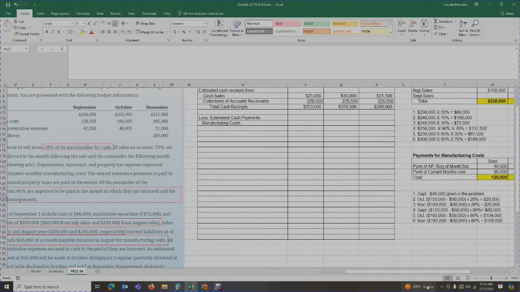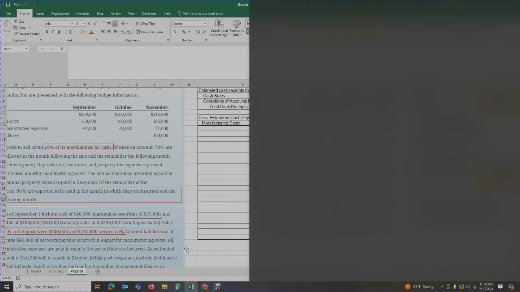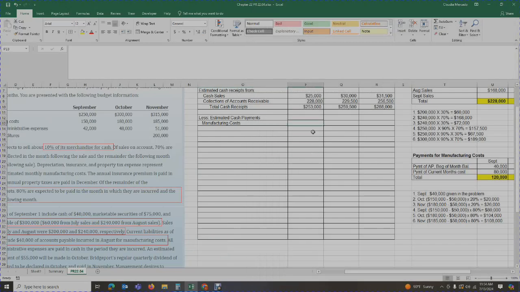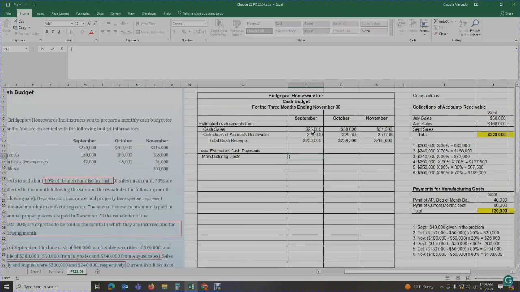And now these are cash payments. Because they're cash payments, they're an outflow of cash. I'm going to put them as minus, or I'm going to put them in parentheses. For September, we have 120,000. And these are outflows.